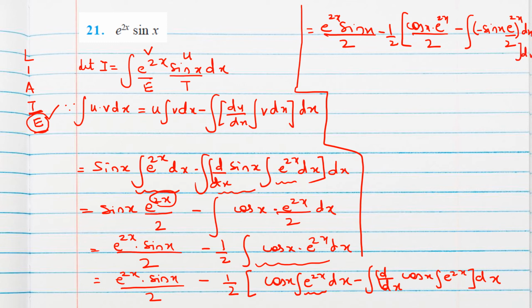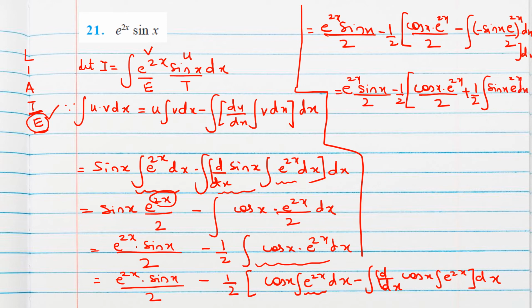So e power 2x sine x by 2 minus half, outside the bracket, cos x e power 2x by 2. Here minus minus plus, half we can take outside, the integral of sine x e power 2x dx.